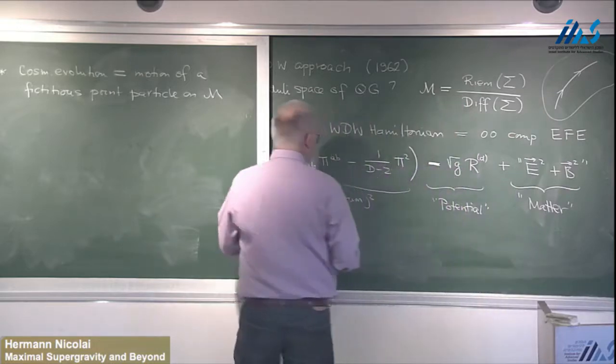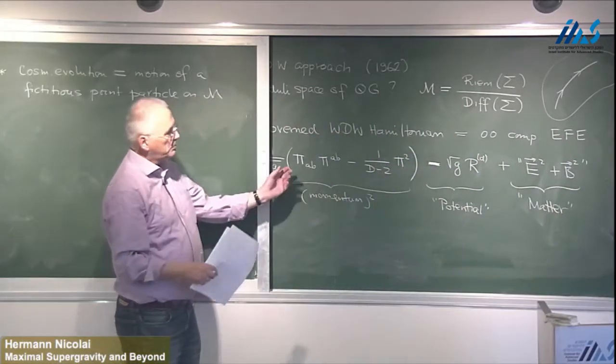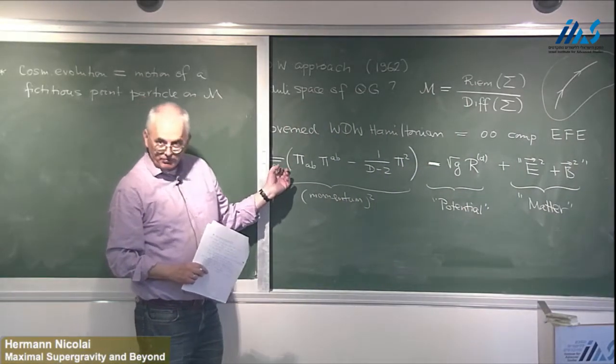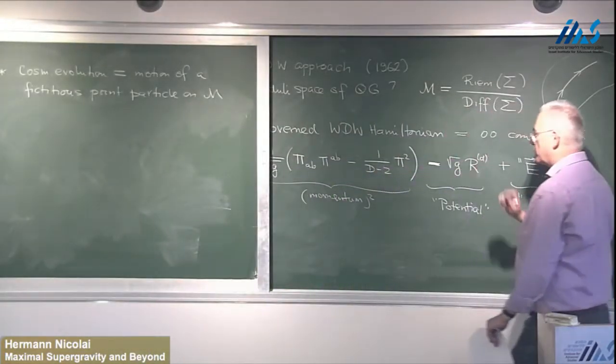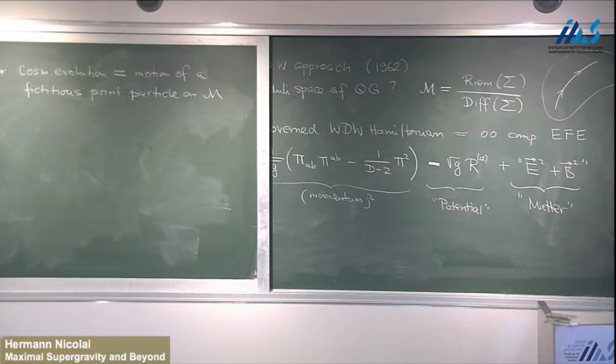And of course there is no time here, but this is simply an expression of the fact that there's no preferred time coordinate in general relativity. The theory is smart enough to know this and to take this into account.